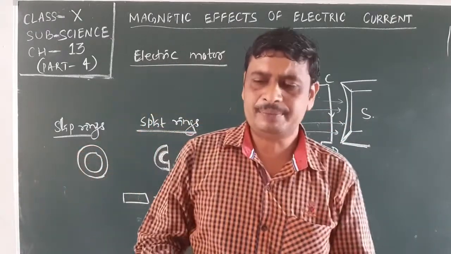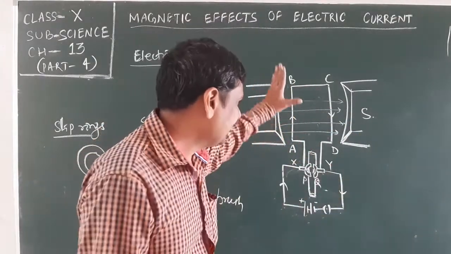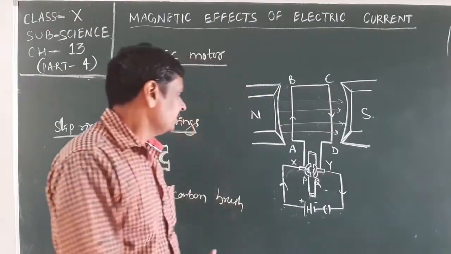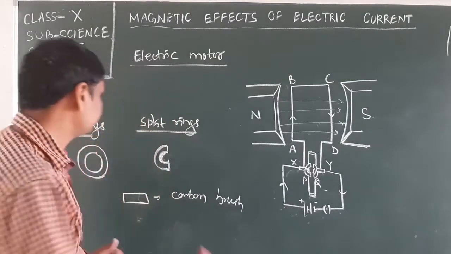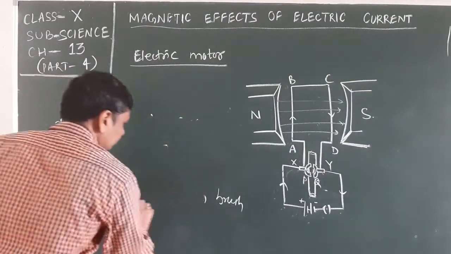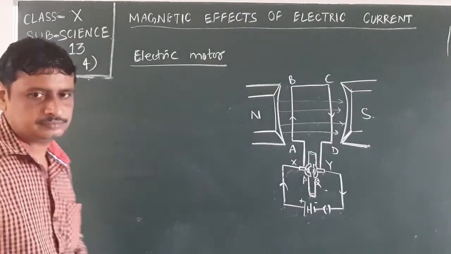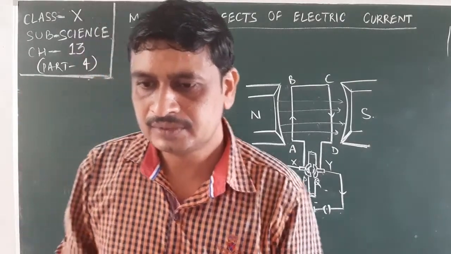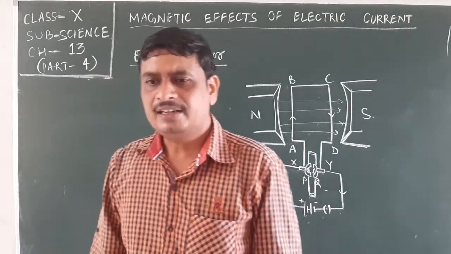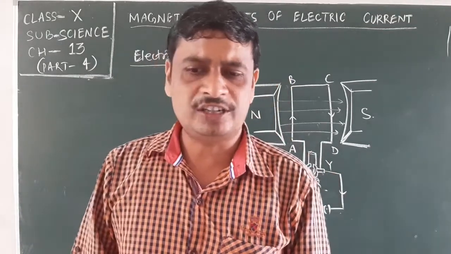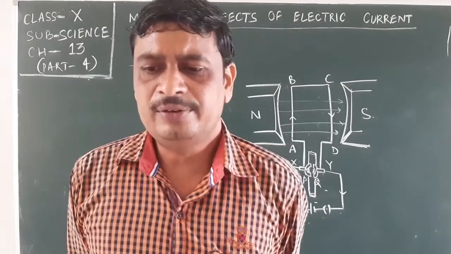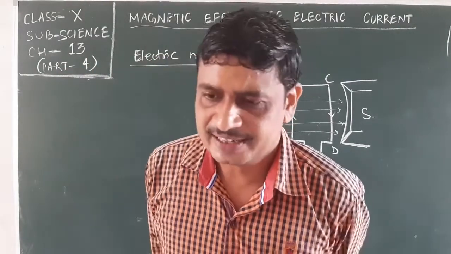But what happens when AB and CD start to rotate? The coil and the axle are mounted free to turn about the axis, and the coil will start to rotate in the anti-clockwise direction.